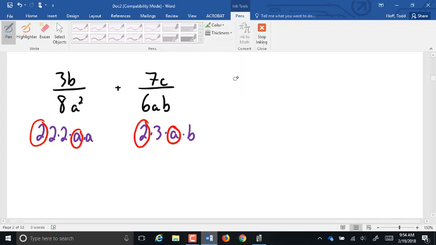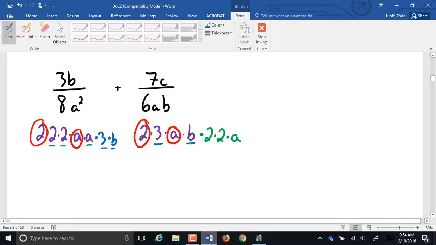So now we need to look at what is not in common. This first one has a 2 and another a. So we're going to multiply the other one by a 2, another 2, and another a. Now those are in common. The second number here has a 3 and a b. So the first one has to be multiplied by a 3 and a b.